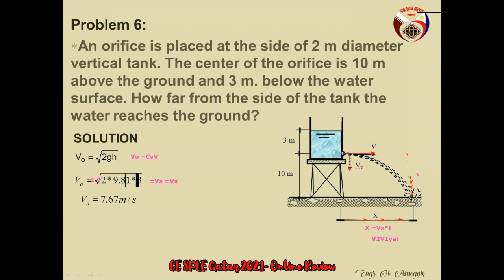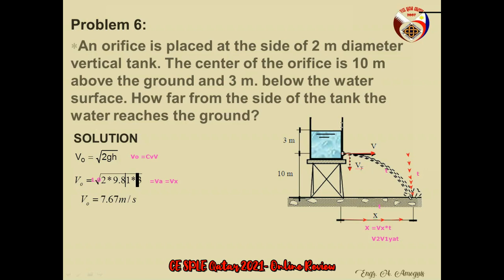Yung time travel. Kaparehas lang din yan sa horizontal, kaparehas din yan sa actual. Tama? Parang shadow lang yan, Y at saka yung X projection. So yung shadow niya is yung actual instance na hindi pa umabot sa ground. Yung shadow sa X and Y, ganun din, nasa gitna pa. Pagdating sa dulo, ay parehas, sabay darating yun. Kaya yung actual time t, yung projection is also time t.